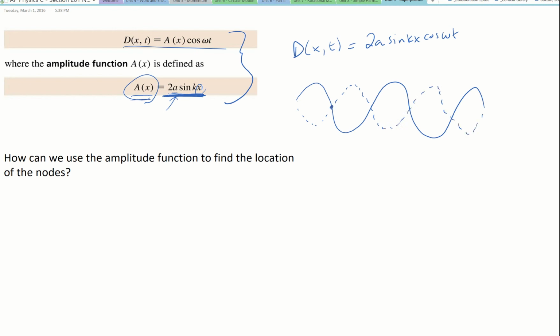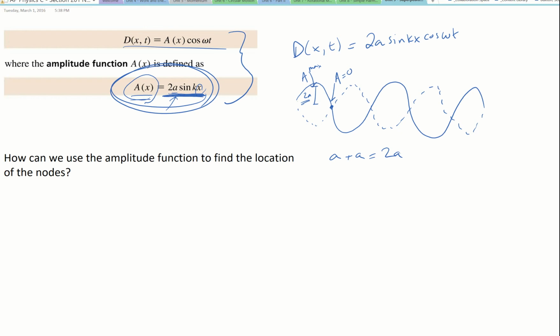The nodes are where the amplitude should be 0, whereas the antinodes are where the amplitude should be at a maximum. Specifically, the antinodes at a maximum value should be twice the amplitude of either wave individually, because if two waves constructively interfere, the amplitude there should be 2a. This function makes sense for that.